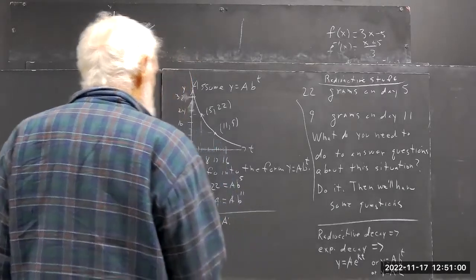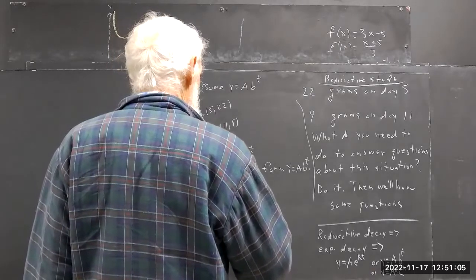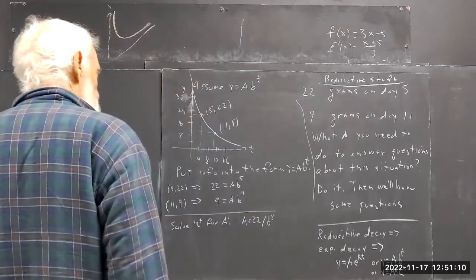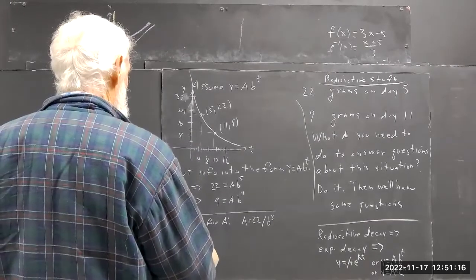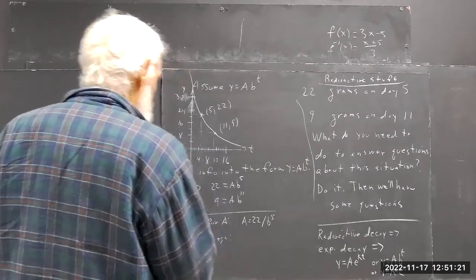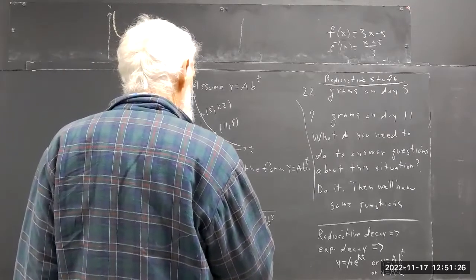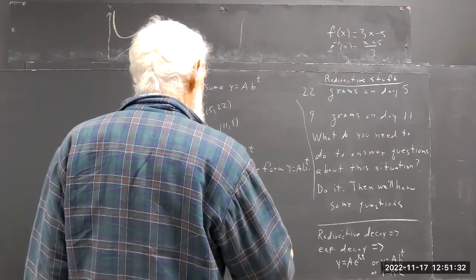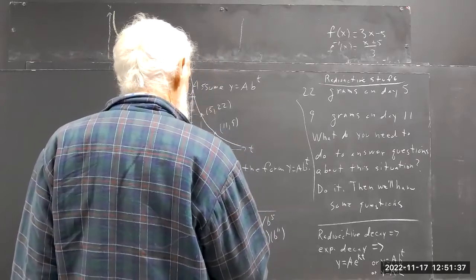Solve the first equation for a. Get 22 over b to the fifth. It says plug into the second equation. When we plug into the second equation, you get 9 equals 22 over b to the fifth times b to the 11th.